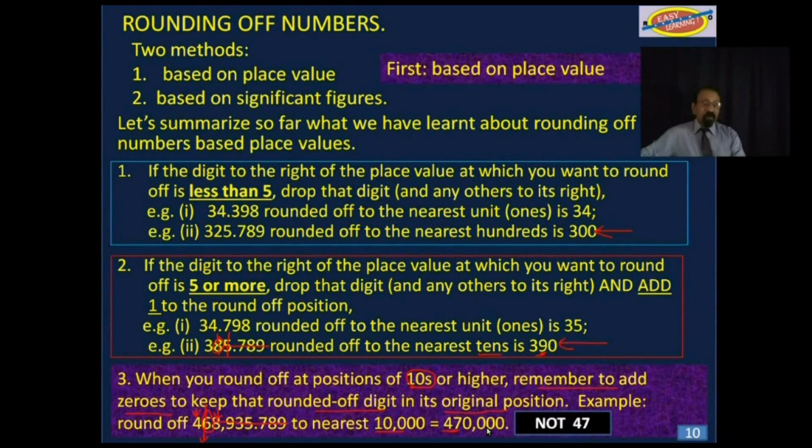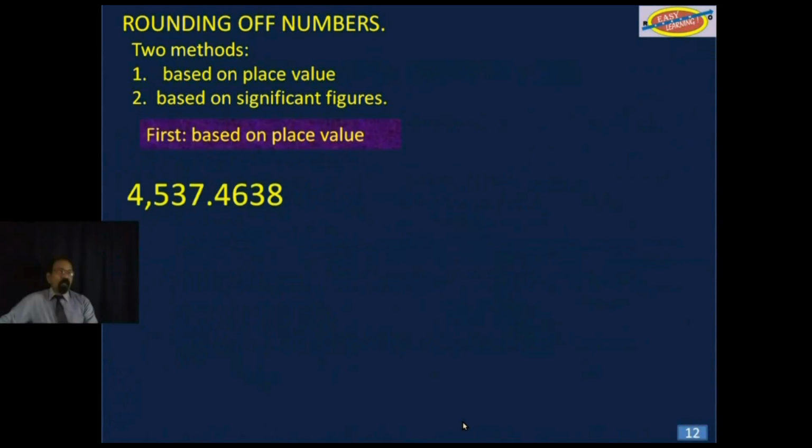So I have seen many students do this. They say, okay, that is 8, we make this 7, and they say the answer is 47. No, you have to add 3 zeros to make sure that this 47 stays in the original position.